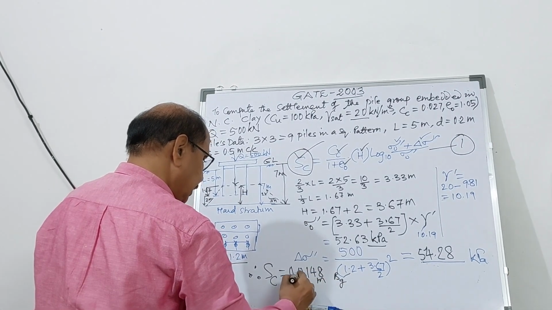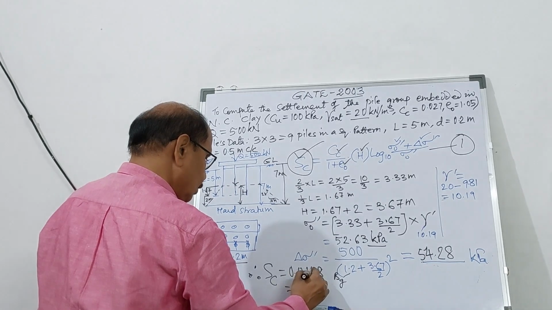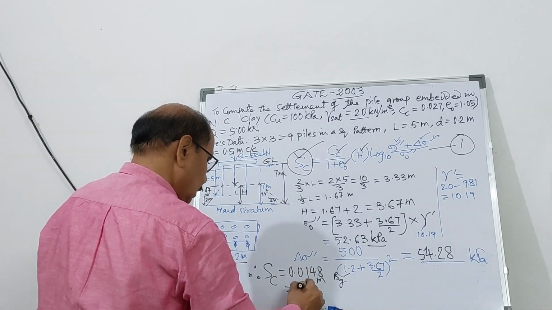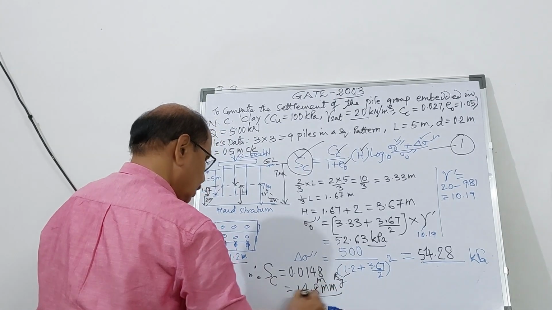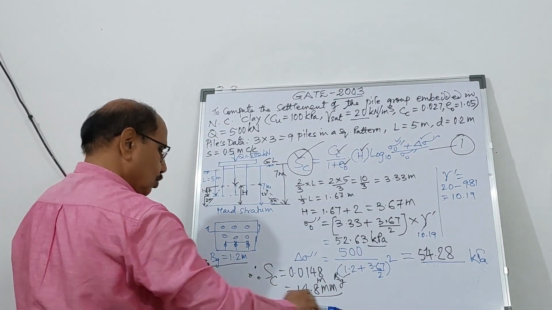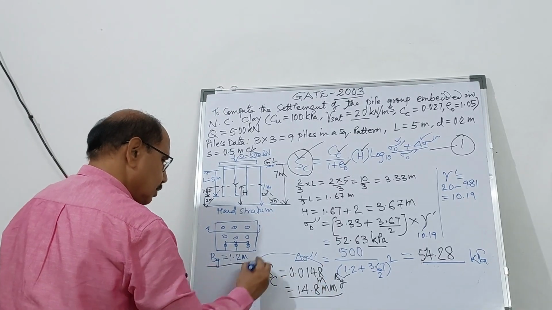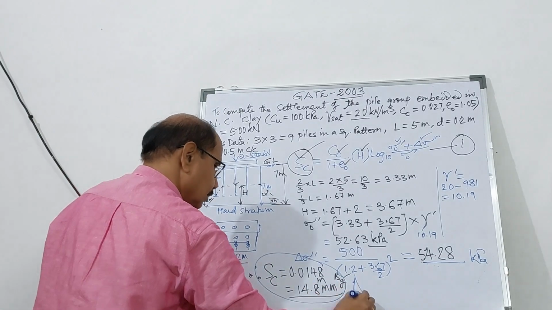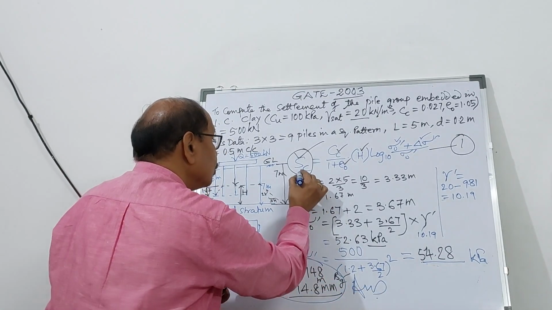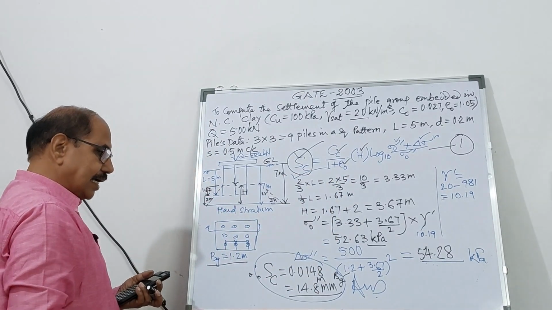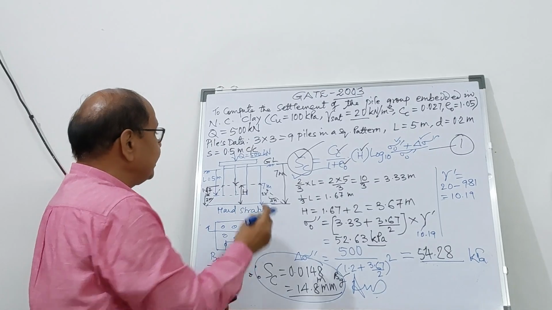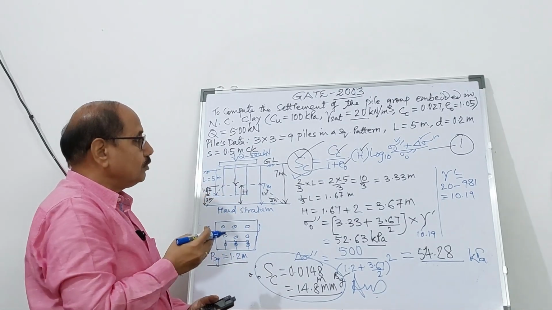So in millimeter, 1, 2, 3. So friends, this is the answer. So we have been able to calculate the value of SC as 14.8 millimeter for this pile group.